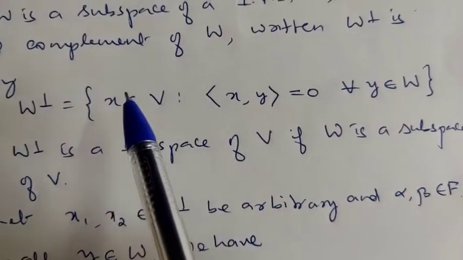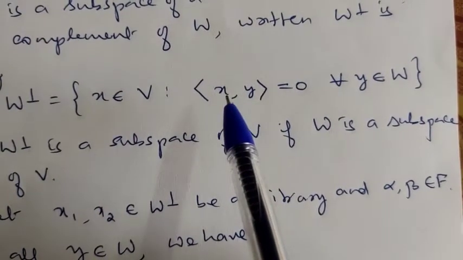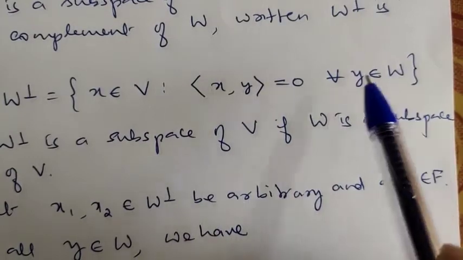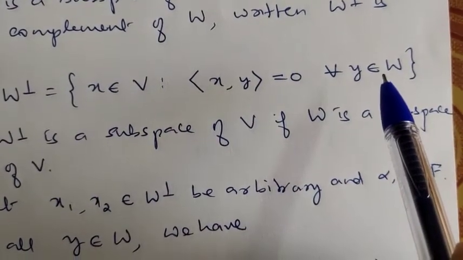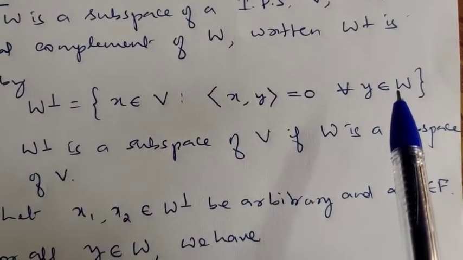W perp contains only those vectors of V which are orthogonal, that is perpendicular, to every vector of W.